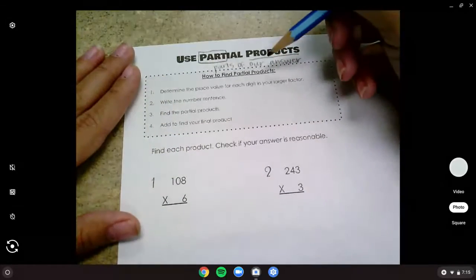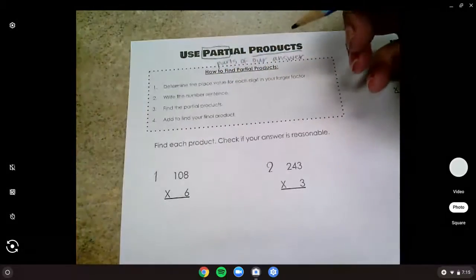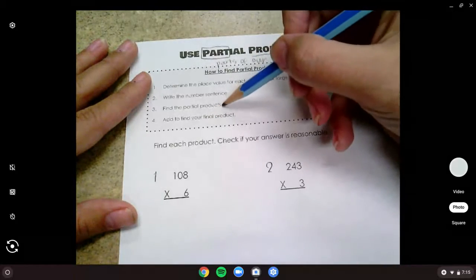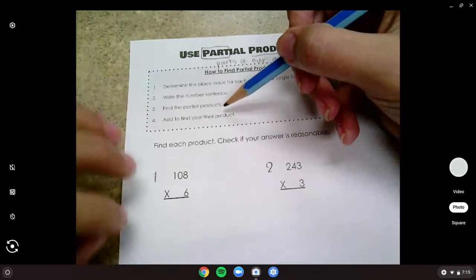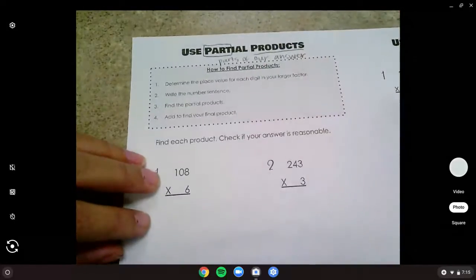To do this, remember, we're going to break it up by place value in expanded form. We're going to write our number sentences, find those partial products, those mini parts, from those mini math facts, and then add to find our final product.